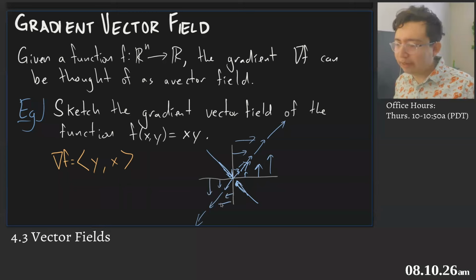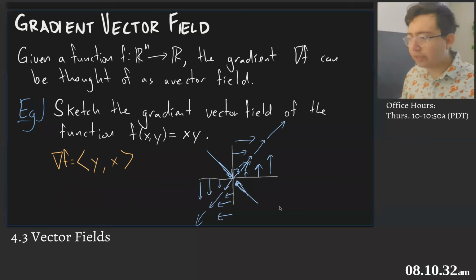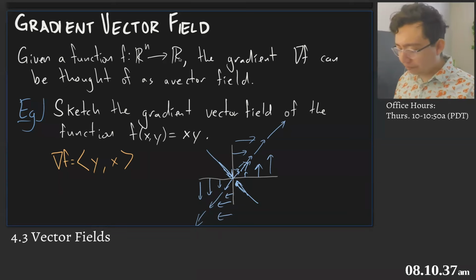But the idea here is that this is a way for us to cook up vector fields. If you want a vector field, start with a scalar valued function. So f has to be a scalar valued function. If you want a vector field on that domain, then you can treat the gradient of this function like a vector field, and you're getting some information about this function.